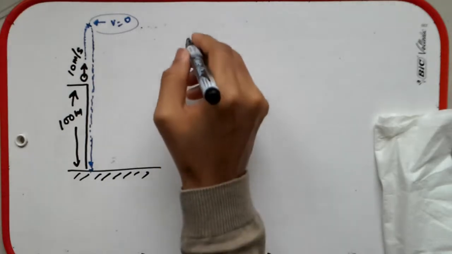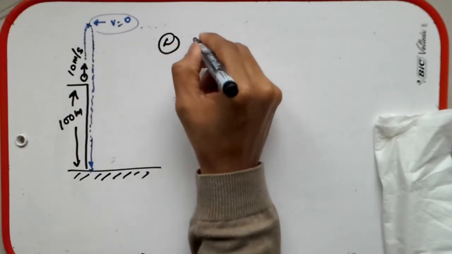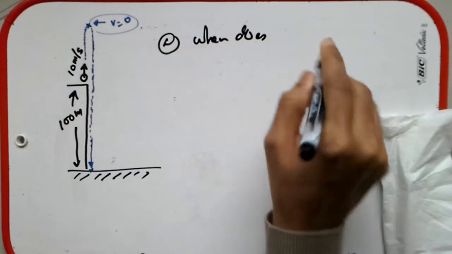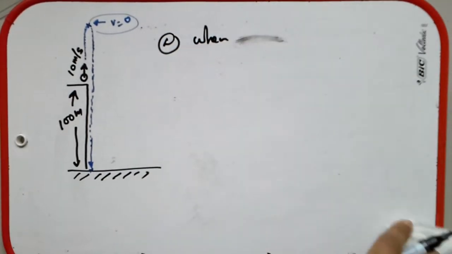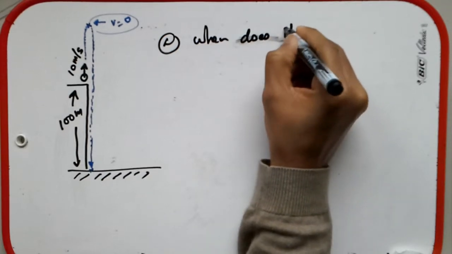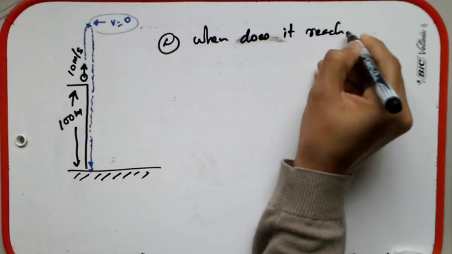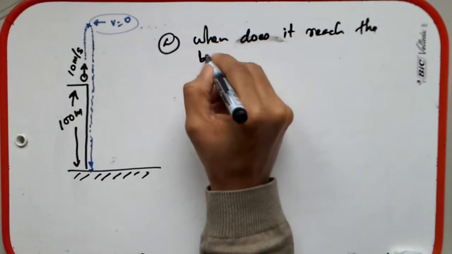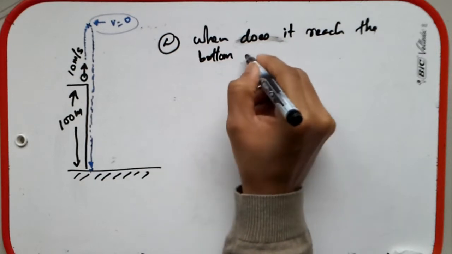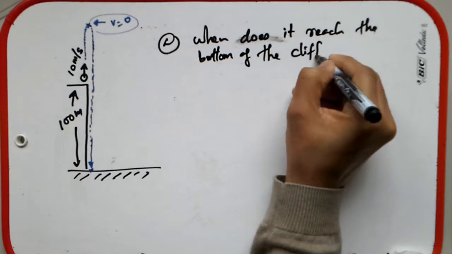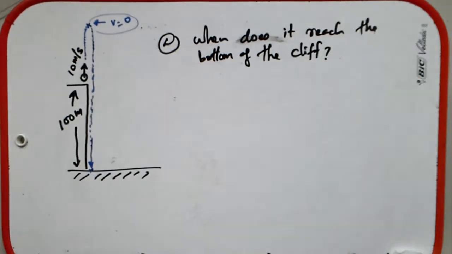So the first part of the problem is like this. When does it reach the bottom of the cliff? Bottom of the cliff. Meaning what?